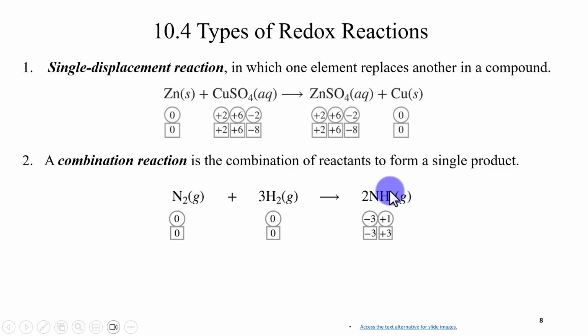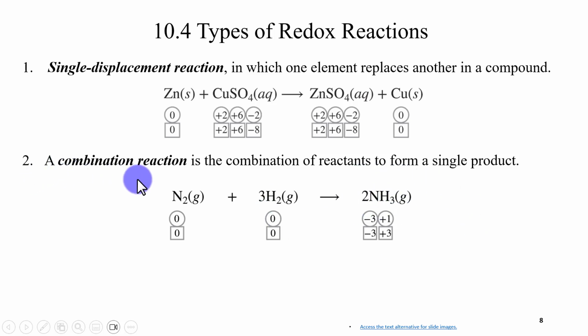Here, hydrogen has a +1, but you have 3 of those, so +3 total. Nitrogen has to have a -3 to counteract the hydrogen. So we have two reactants combining to give one single product.